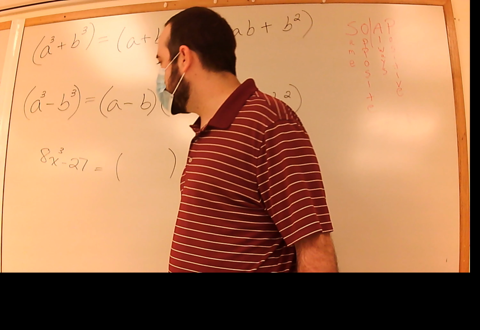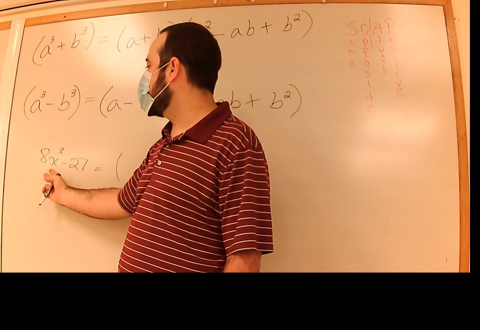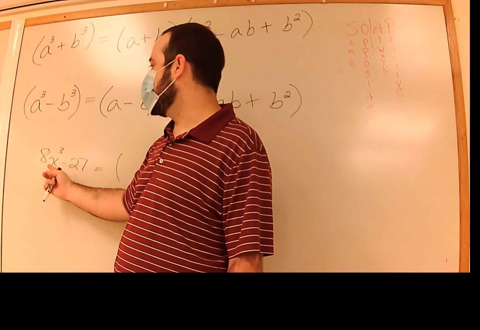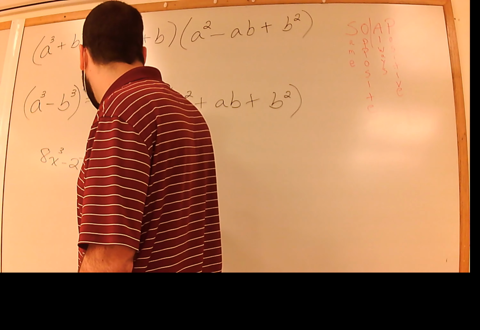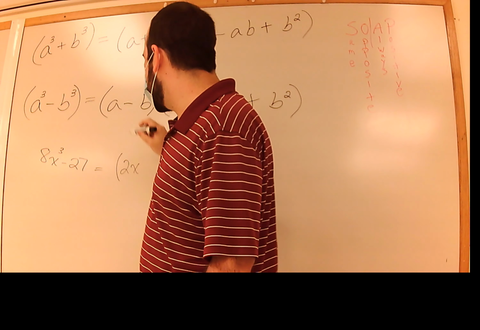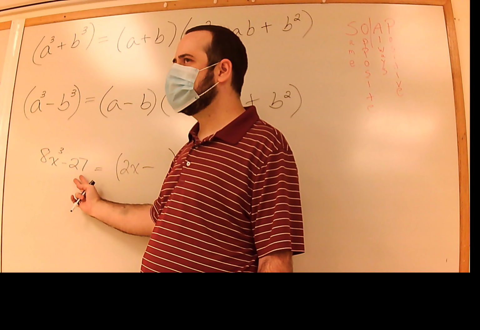Got A minus B, so A is just the cube root of this first term. Cube root of 8 is what? 2, and the cube root of x cubed is just x, so we've got 2x. Same sign as we started with, so minus. And then what's the cube root of 27? 3.